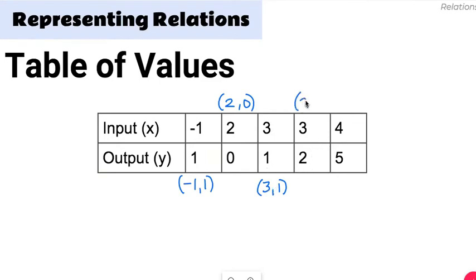Because remember, a relation is a set of ordered pairs. So any representation that you have, you should be able to create ordered pairs from. And I only did opposite sides here because I didn't have a lot of room. But take a second on the table and show the ordered pairs that the table represents.